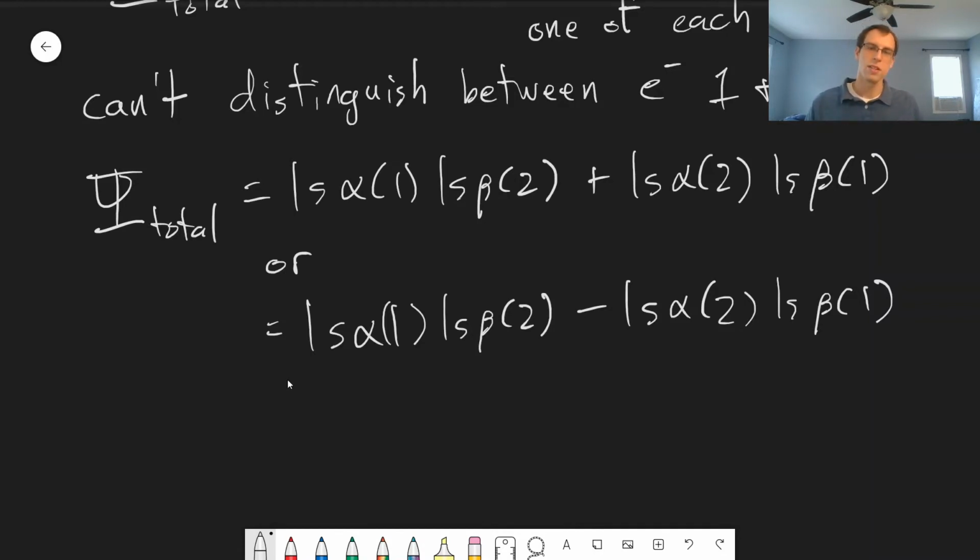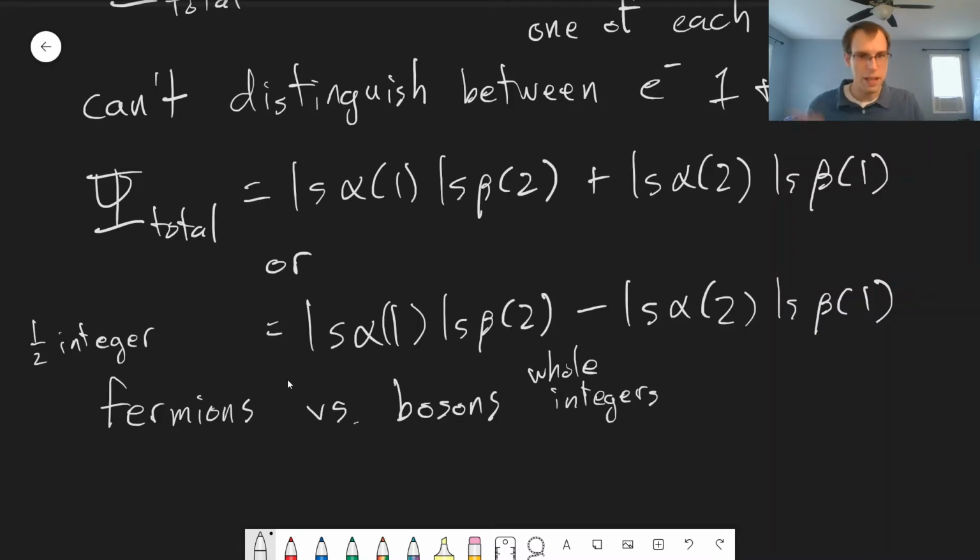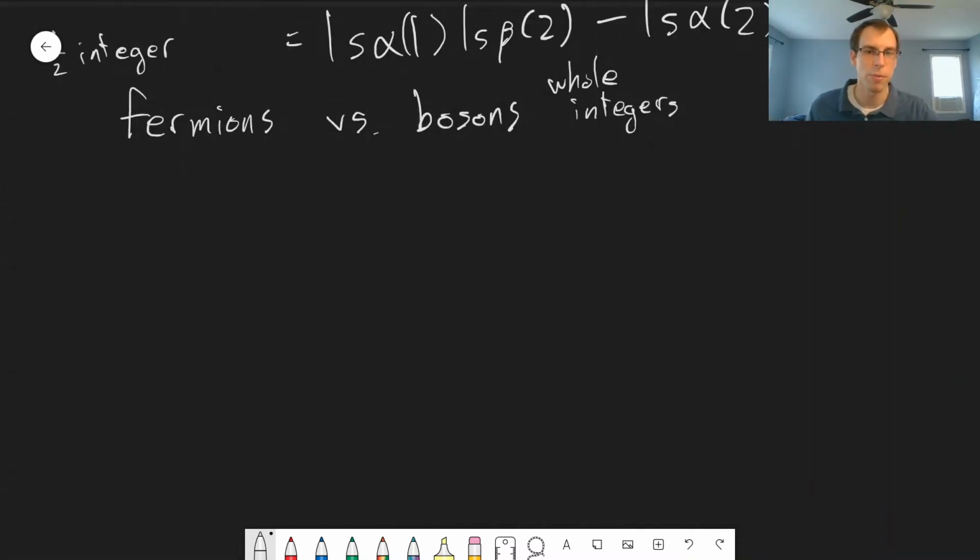So the question is, do we use both of these? Is there just one of these we can use? And this comes back to the fundamental properties of our two types of particles that I talked about in a previous video, fermions and bosons. Again, remember, fermions are half-integer spin particles, and bosons are whole-integer spin particles. And the reason we make this distinction is because fermions and bosons have very different fundamental properties.